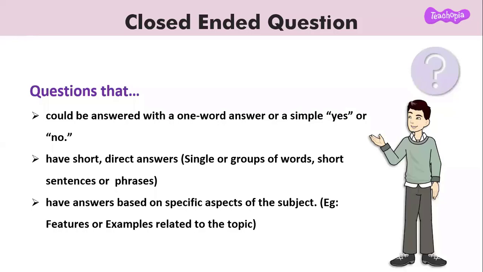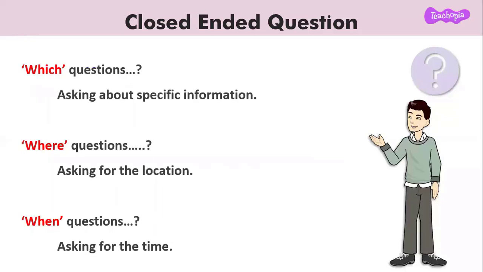And how do we use question starters when it comes to closed-ended questions? They can be something like this. Which questions are used to ask about specific information again. Where question starters help us ask for the location or the place, and when questions help us to ask about the time.